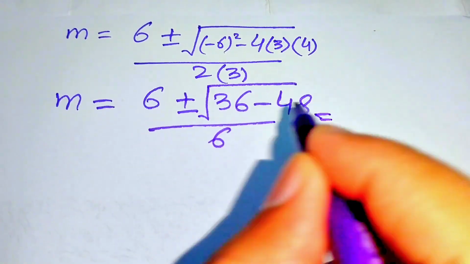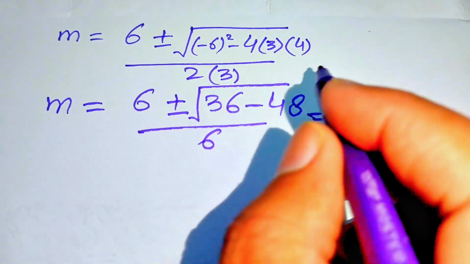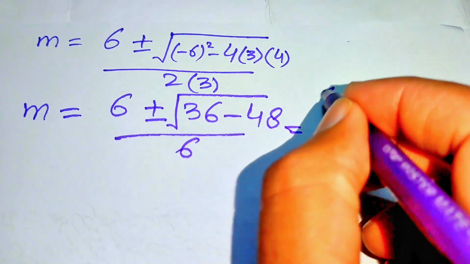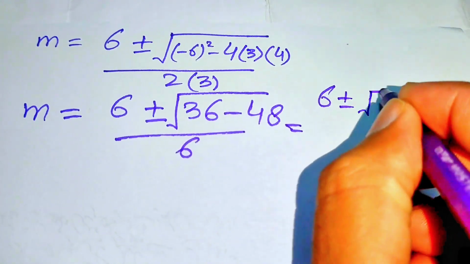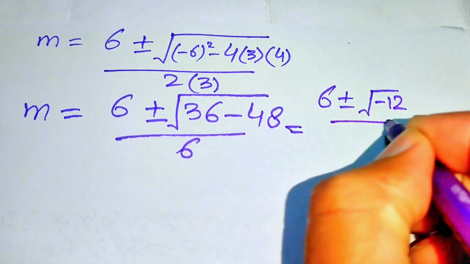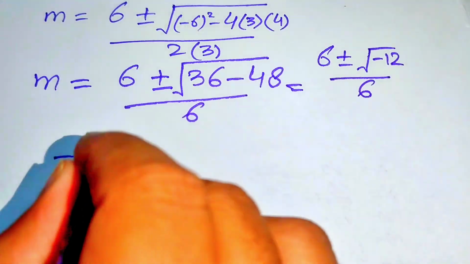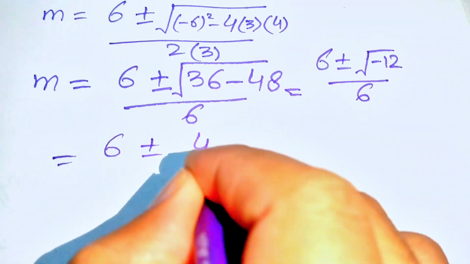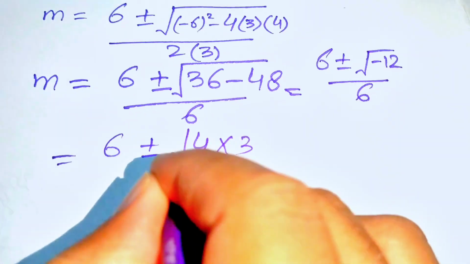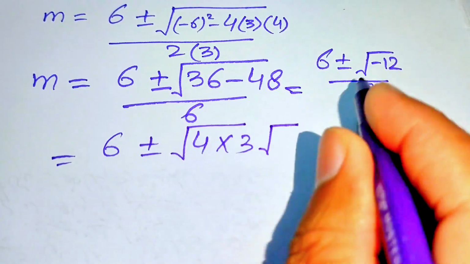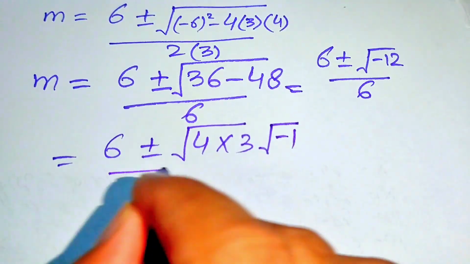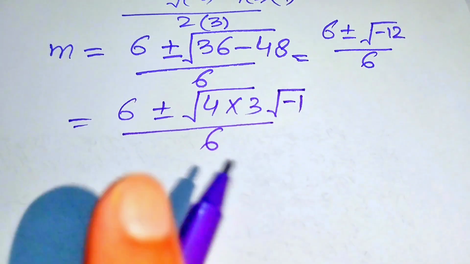So when we subtract these two values, 36 minus 48, it equals plus minus the square root of minus 12 over 6, and we write this 12 as 4 times 3, and the minus 1 under the square root, divided by 6.